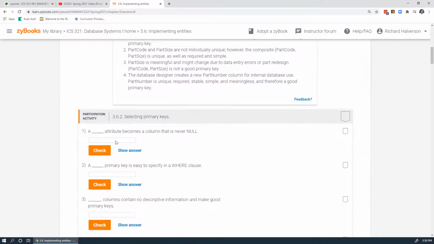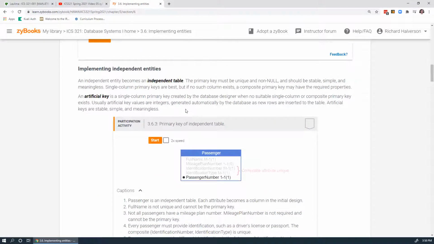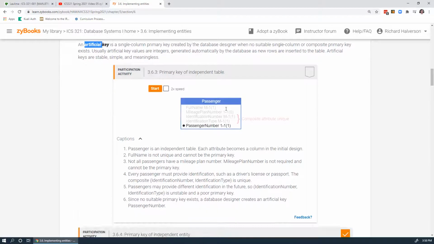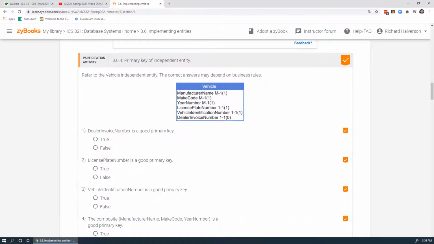So selecting primary key. You go through this, make sure you understand that. Implementing independent entities. An independent entity becomes an independent table, and so it has a primary key. You want some sort of artificial type key. Refer to the vehicle independent entity.